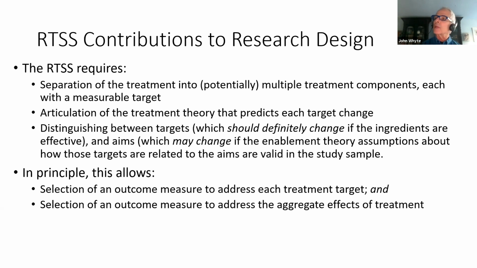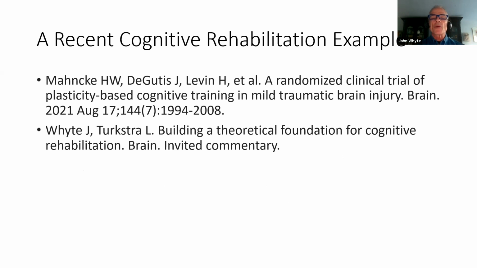And now you have the ability to see if you don't achieve the larger aim, is it because you failed to achieve some of the targets, or is it because your prediction about how those targets were related to that larger aim might have been incorrect.